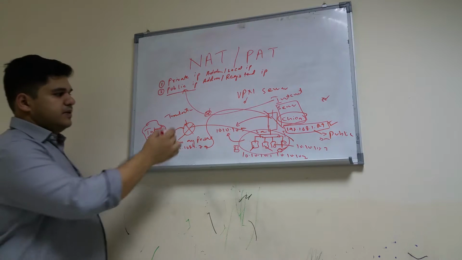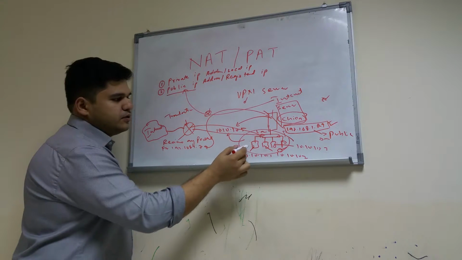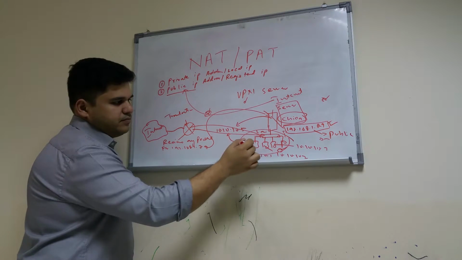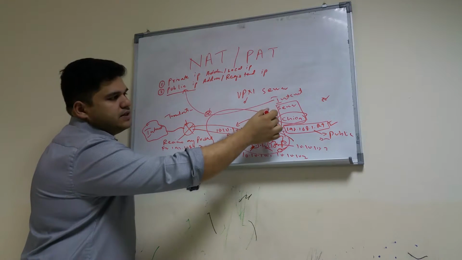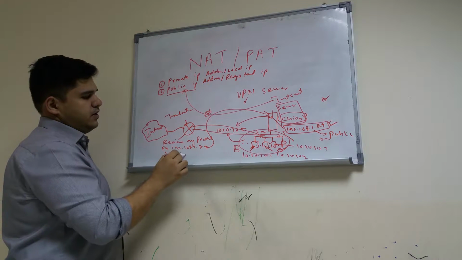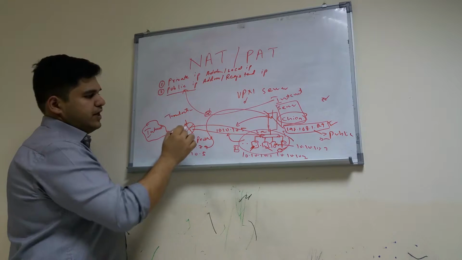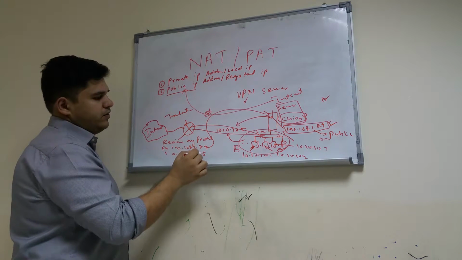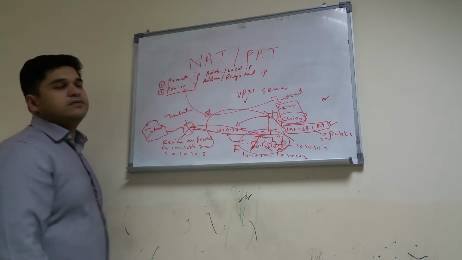This router is also connected with the LAN. So if any system from the internal world tries to reach this server, they will use 10.10.10.5, and then the router will send this information to this PC.